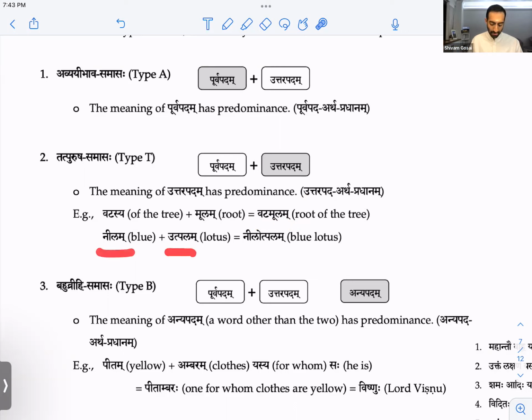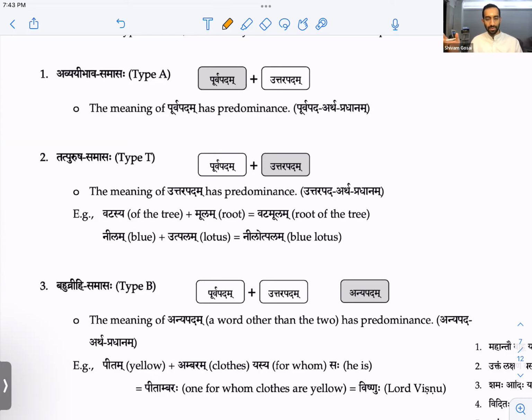Neelam, utpalam, Nilotpalam. Blue lotus, and you put it together, it makes blue lotus. Vedanam antaha iti vedantaha. That's a tatpurusha samasa, right? Where the first word is declined, right?